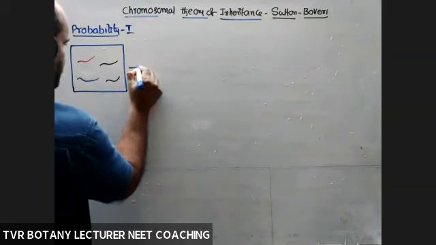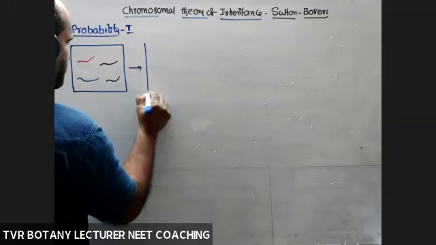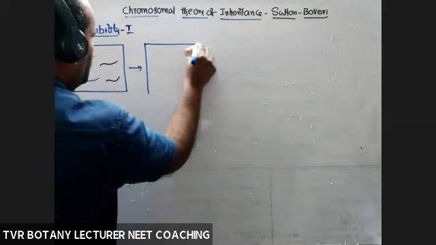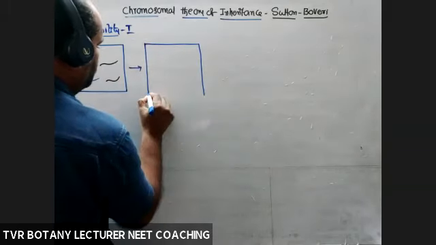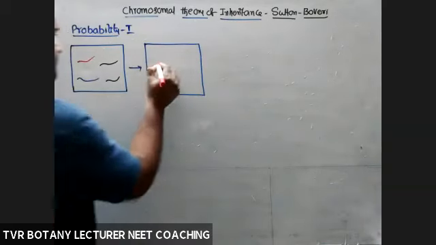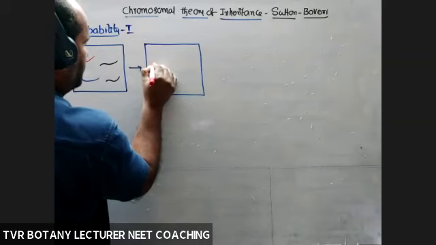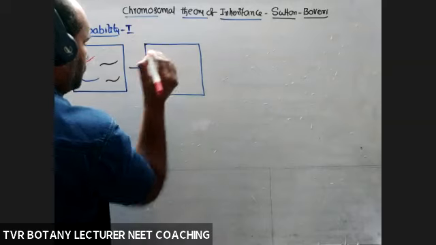So during prophase 1, particularly zygotene, what about these chromosomes? They are pairing. This one I'm taking is a yellow chromosome.